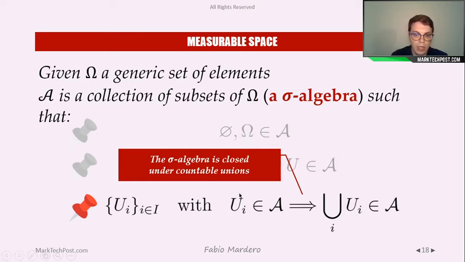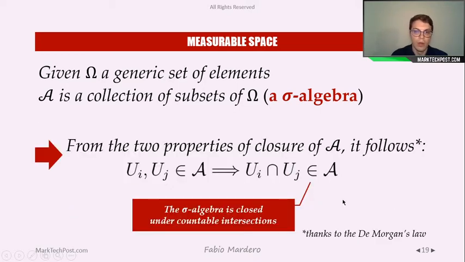In fact, if the elements of the union stay inside the sigma algebra, then the union should also stay in it. From the two properties of closure that we have seen so far, it follows also that the sigma algebra is closed under countable intersections. That's fine.